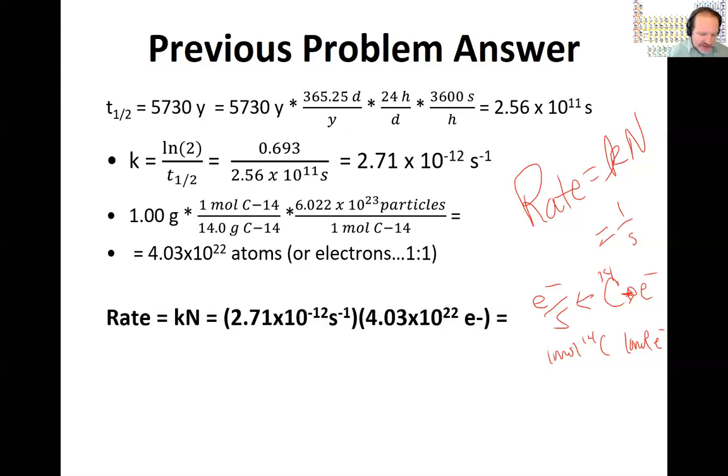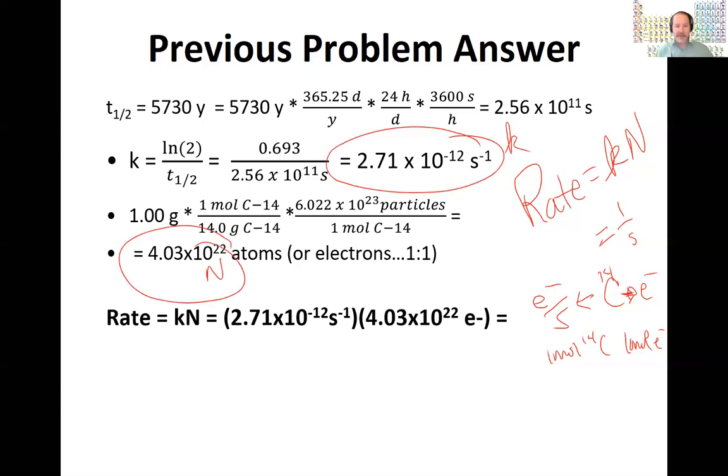So now we can plug in those two numbers. Our number of atoms is the big N right here, and our rate constant k is right up here, which we calculated. We plug in those two numbers and we get the number of particles per second that are decaying, 1.09 times 10 to the 11th.